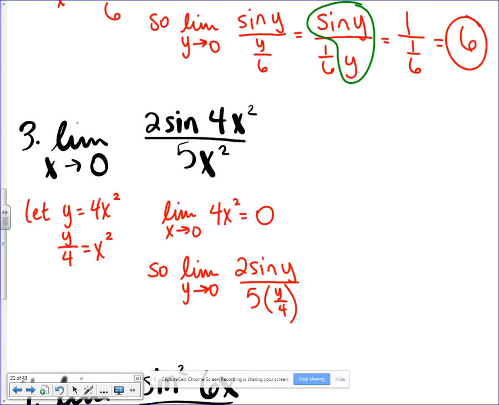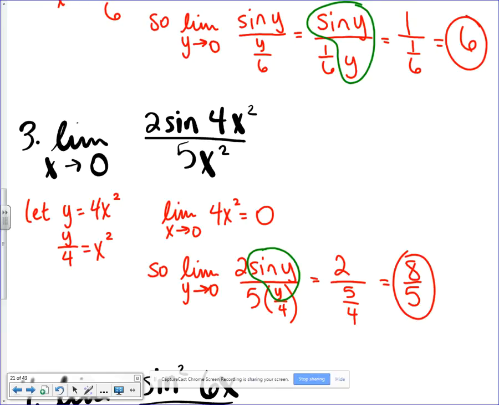And after the substitution, I have something that looks like that. This portion right here is 1. So now I have something that looks like this. And when you simplify that and multiply by the reciprocal, you're going to get a final answer of 8/5.